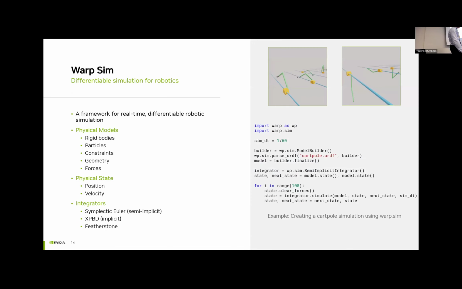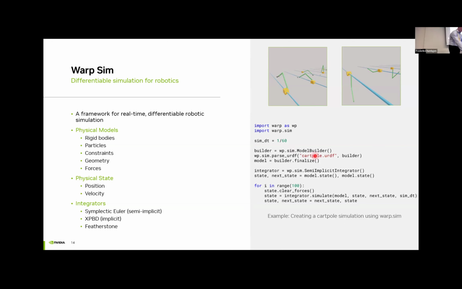So to get more into the details of Warp Sim, this is our provided module for simulation. We have different integrators, and here on the right you can see a simple example of how this looks.